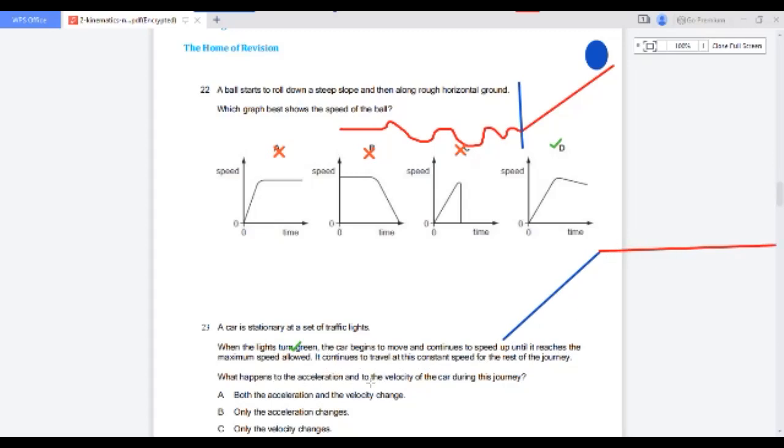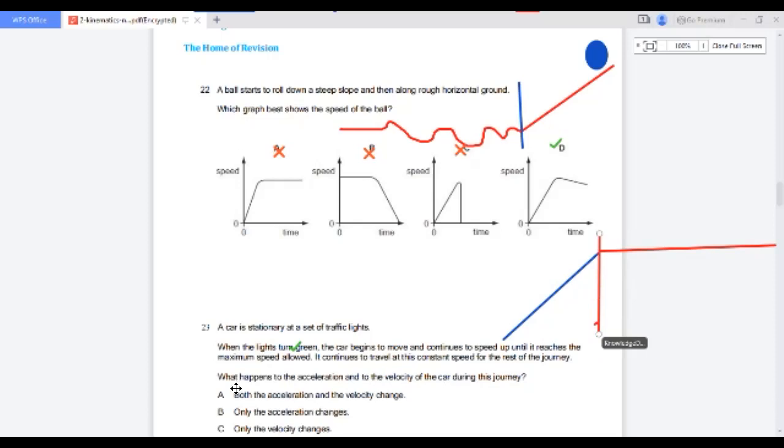What happens to the acceleration and the velocity of the car during this journey? After this part, you can see the velocity is constant, and constant velocity means acceleration is 0.